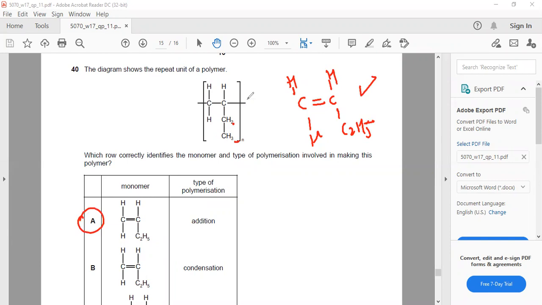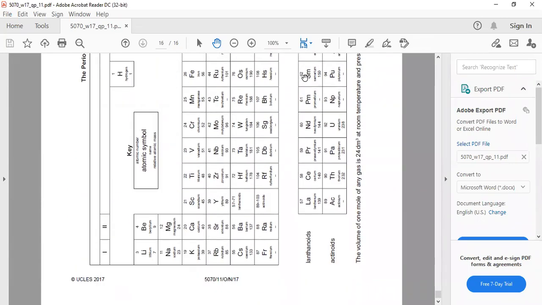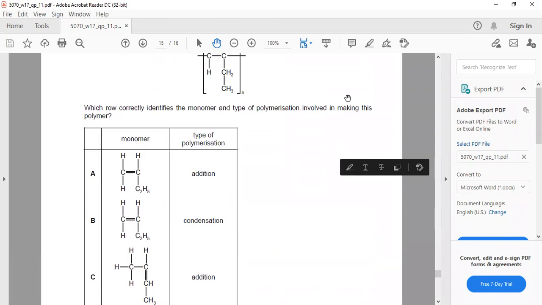Let me tell you the grade threshold of this paper. Just wait for a while, 1 minute only. Grade threshold I can write here for this paper.